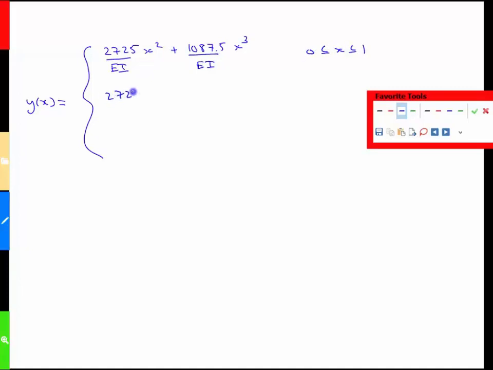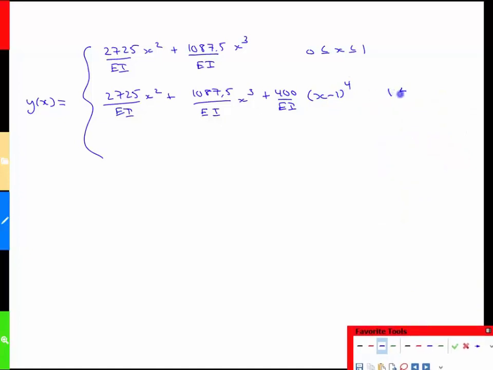And then we have exactly the same terms again, plus the terms that we found earlier for the other two intervals. So these were defined by our a and b values, and we also had the 400 over EI terms coming from the load.